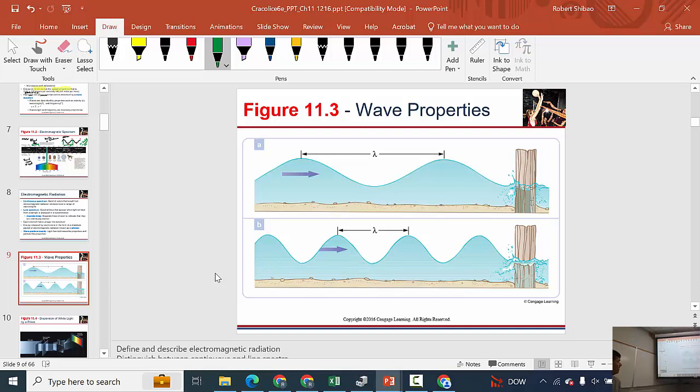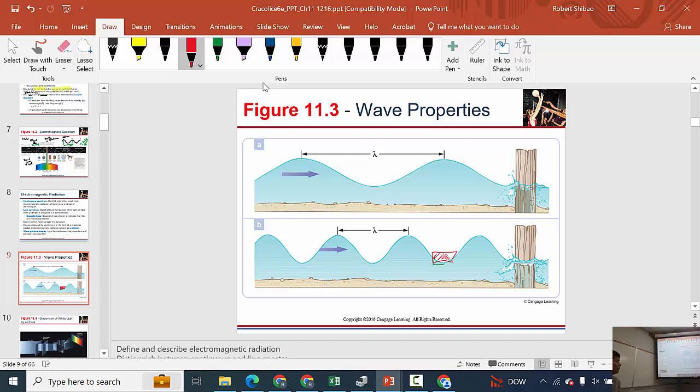So for example, if you have a small boat versus a big boat. Let's say you have a small boat. Is this small boat going to interact with the waves much?